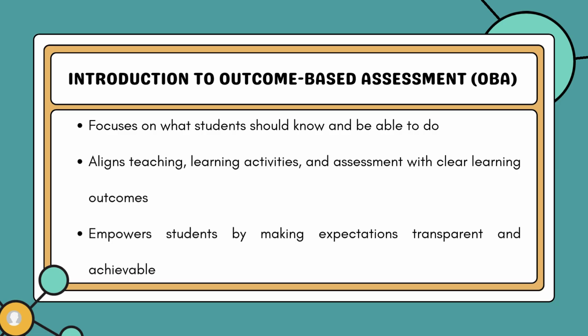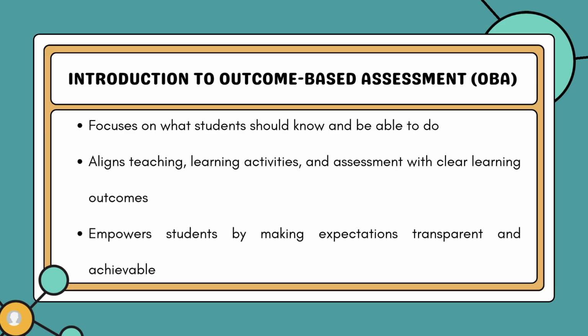Effective teaching starts with clear learning outcomes, statements of what students should know and be able to do, as these outcomes guide instruction and help teachers and students stay focused on essential skills and knowledge. To support students' success, teaching methods, learning activities, and assessments must be aligned with these outcomes.